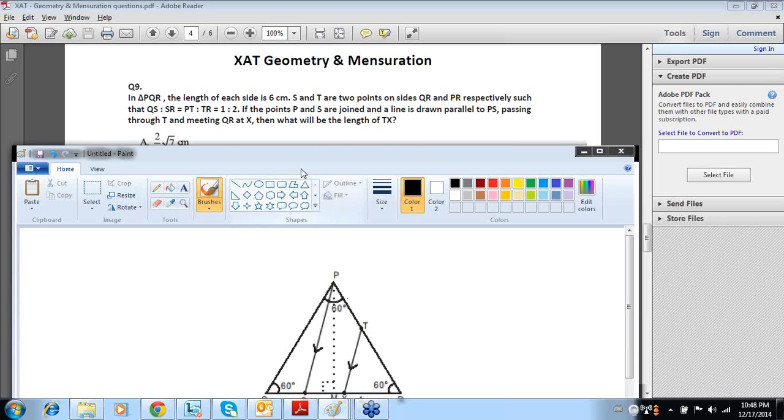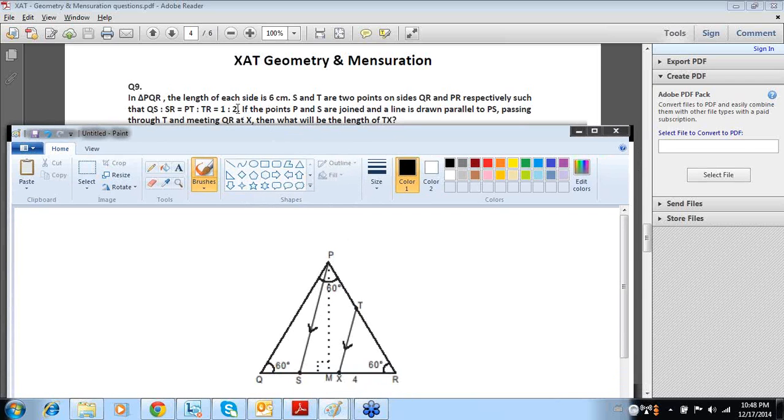It says in a triangle PQR, the length of each side is 6.